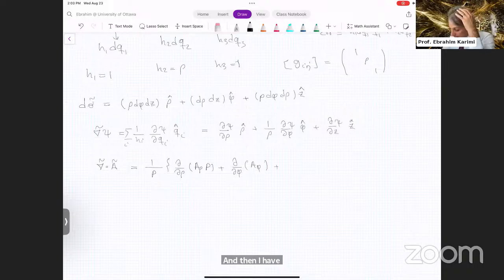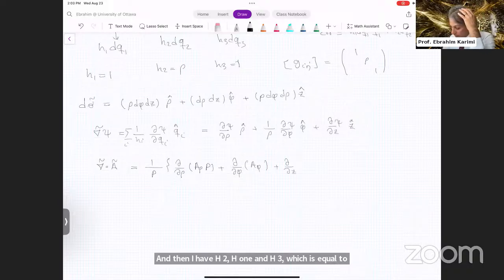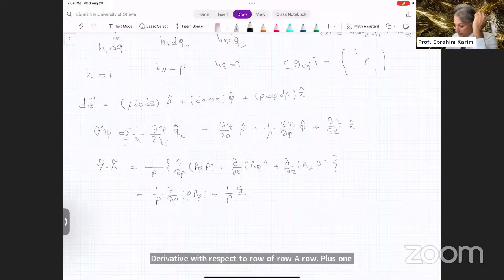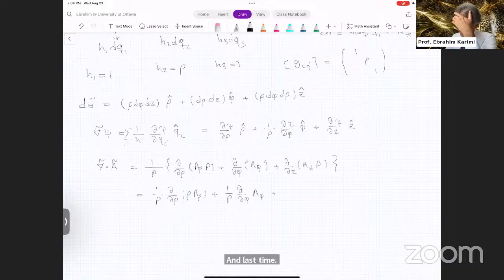And finally the derivative with respect to z of A z, times h1 h2, which is rho. So finally, that will be 1 divided by rho times the derivative with respect to rho of rho A rho, plus 1 divided by rho times the derivative with respect to phi of A phi, plus, since rho is out of the derivative, the derivative with respect to z of A z.